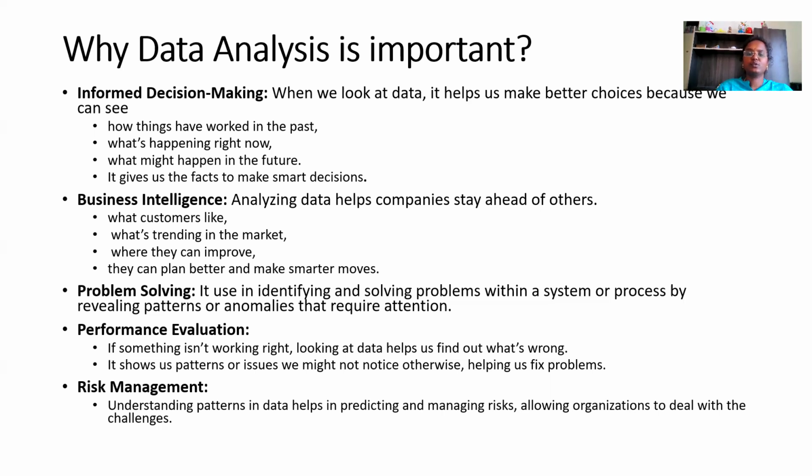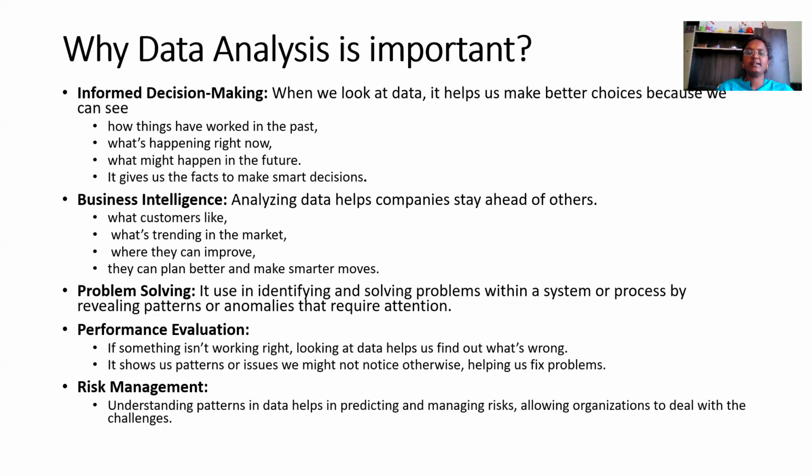The third thing is problem solving. It is used in identifying and solving problems within the system or the process by revealing patterns or anomalies. When you are doing some business-related process, or any data collection or data analysis process, or working with hardware and software, we must know what problems were there.